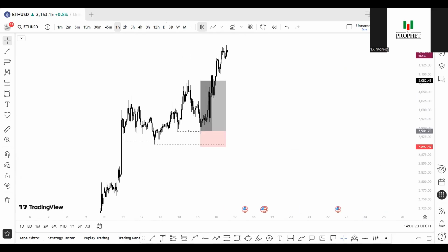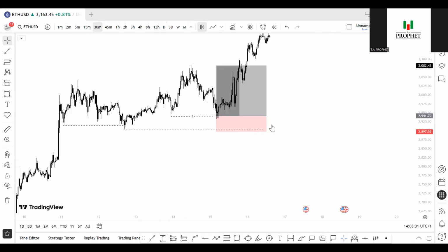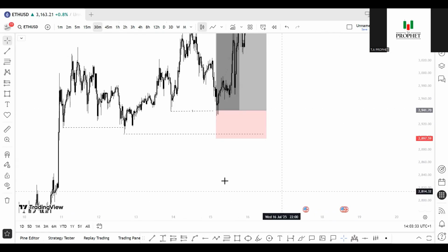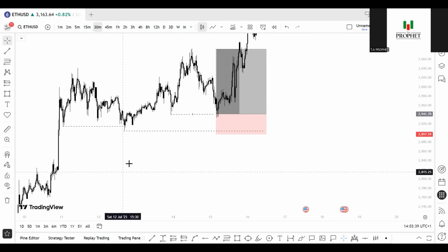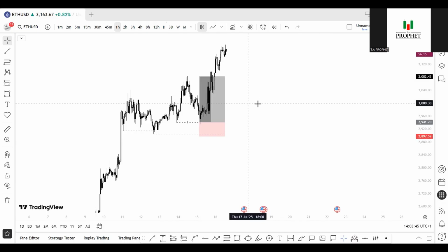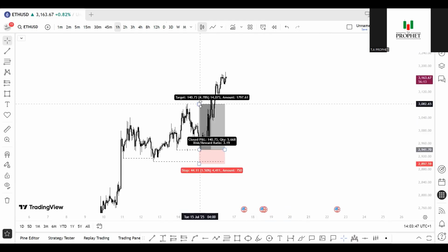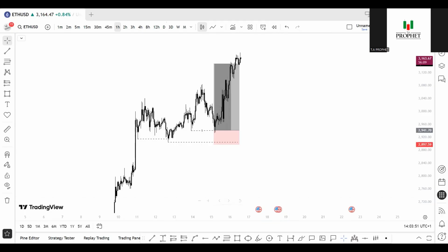Okay, yeah, this is it. Though we didn't take this trade, I posted the aftermath on Telegram, even though we didn't take it.